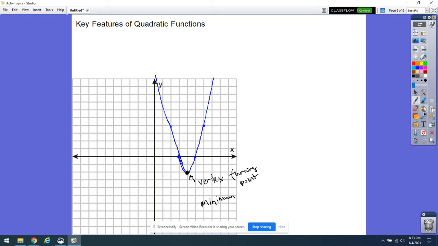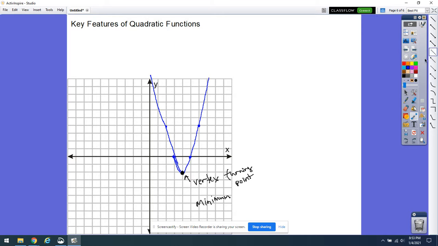With this vertex, we actually have an imaginary line that can cross it right down the middle, so it can split these quadratic pieces up. That one is going to be called our axis of symmetry.